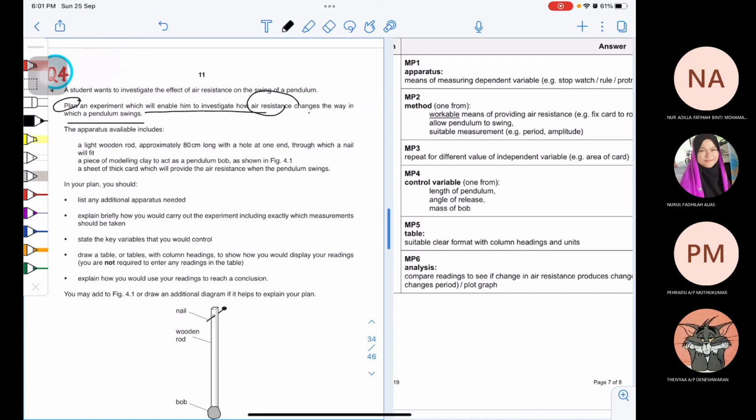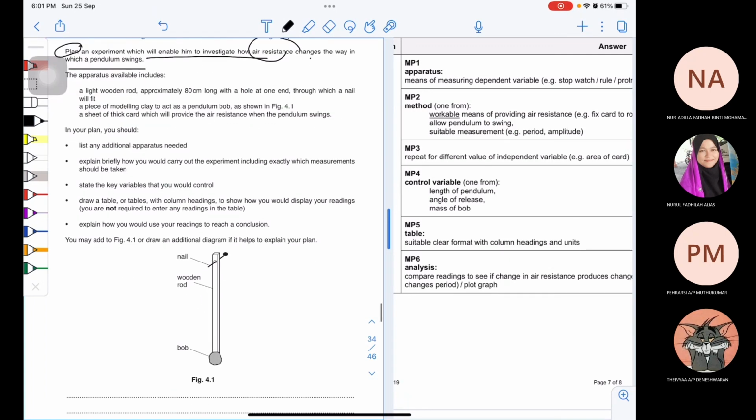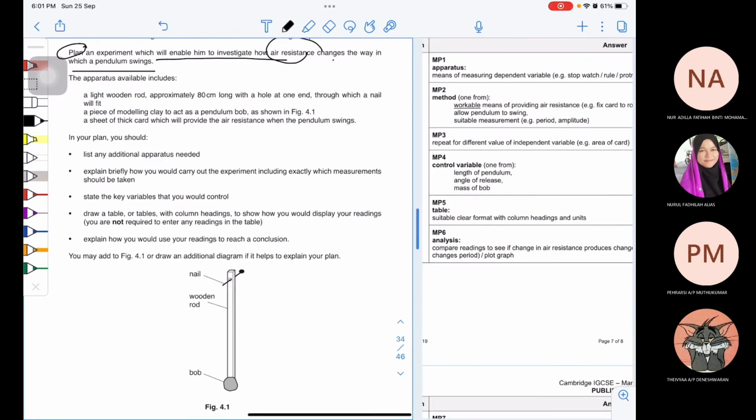Okay. Apa-apa apparatus? Sebab dia kata pendulum swings. Okay, bila you ada pendulum swings, you nak kira berapa swing, dia nak swing berapa kali? 10 times. Jadi, you nak set apa? Selalunya kita nak set time. Jadi, if you want to set time, what's the apparatus?